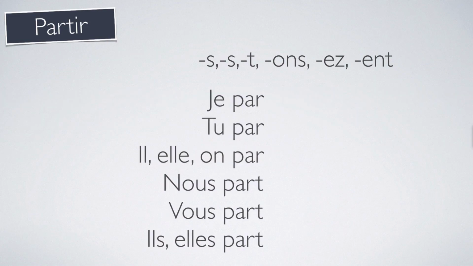Partir, to leave, is different, not for the endings, but this time for the stem. The first three are P, R, R, and we need a T for the next ones. Je pars, tu pars, il part, elle part, on part, but nous partons, vous partez, and ils partent, elles partent.